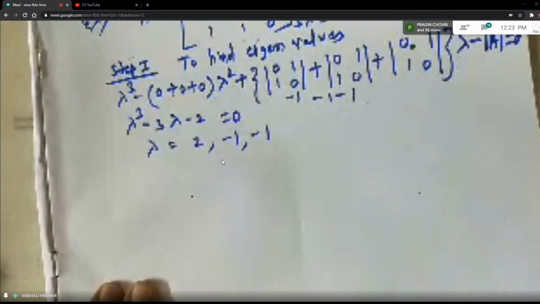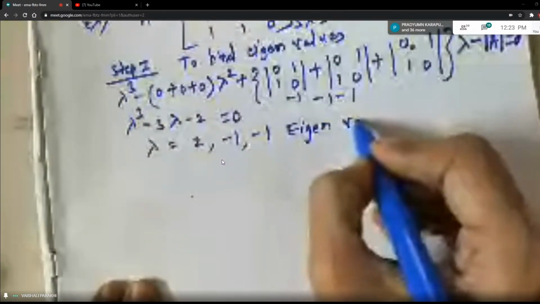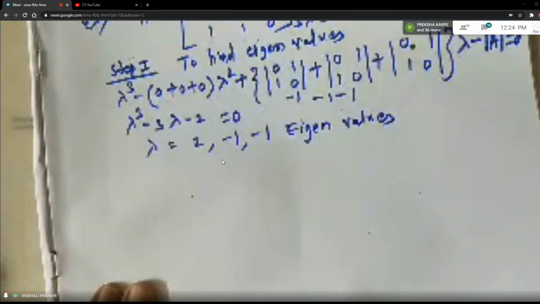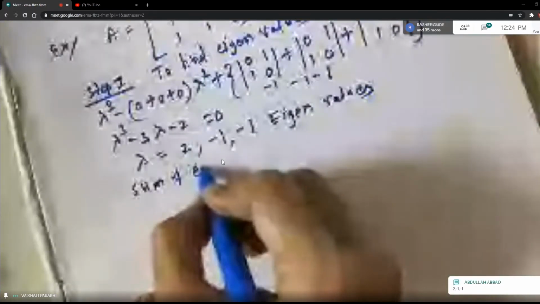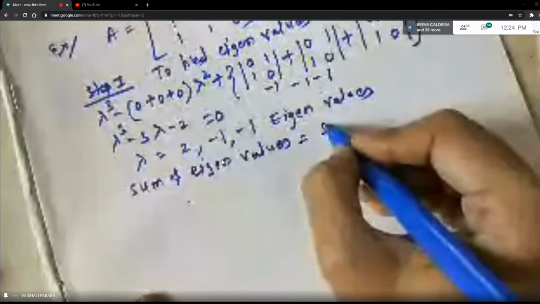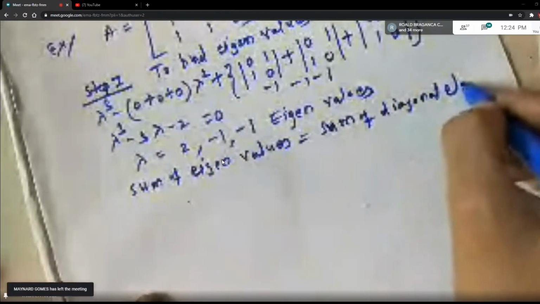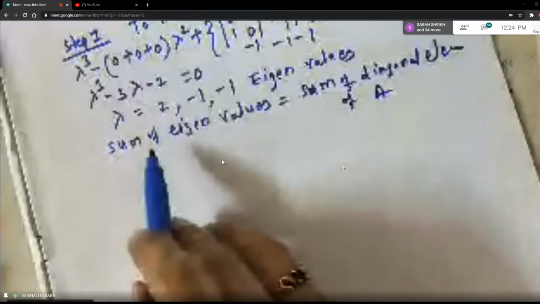But these are your eigenvalues, right? Without checking the accuracy of the eigenvalues, don't proceed to find eigenvectors. So what is the method I told you to check whether your eigenvalues are correct, students? Sum of eigenvalues should be the same as the sum of diagonal elements of the given matrix A. So this I told you in the beginning. Now what is the sum of eigenvalues?